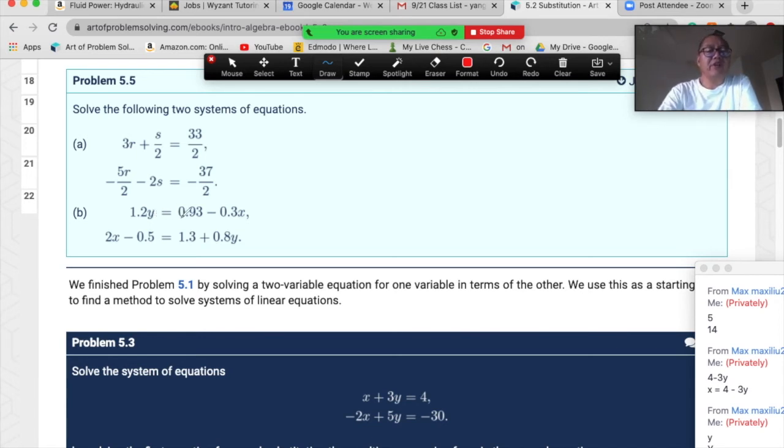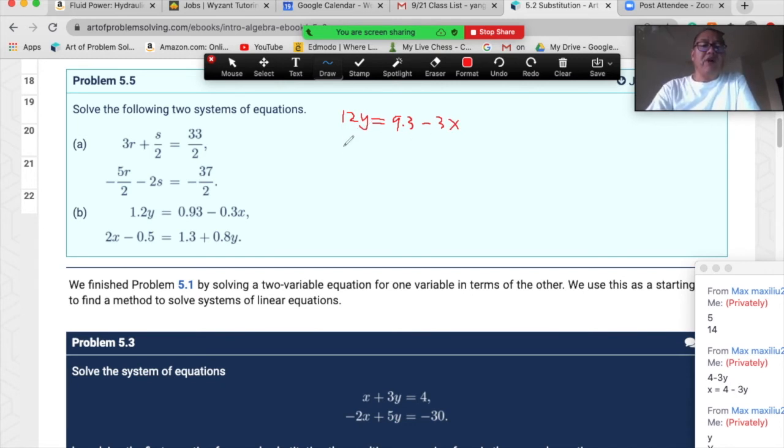Now let's see how we can make these integers. So both sides times 10. Then we can say the first equation will be 12y equals 9.3 minus 3x. Okay, this is the first equation.